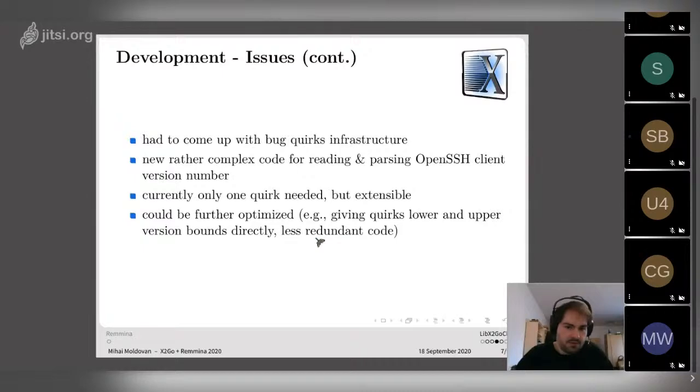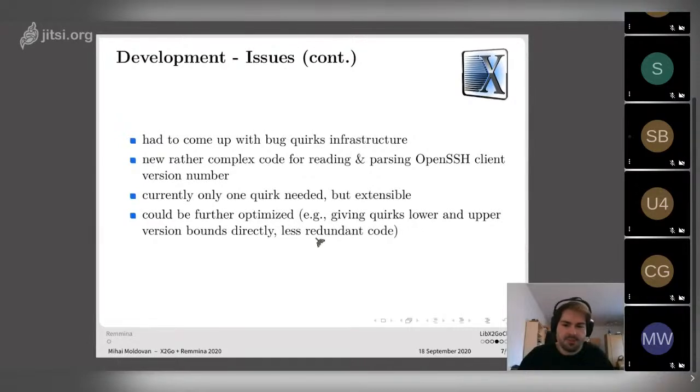So far, we have only one quirk, which is the stderr not closing thingy, but it's extensible to other quirks as well, because OpenSSH isn't perfect, and even internally it has a list of quirks that can be used to work around bad behavior in older clients or servers, or to interact properly with those buggy clients and servers.